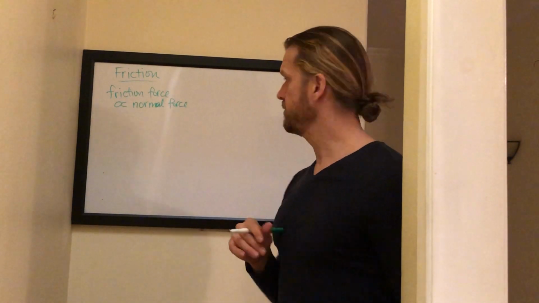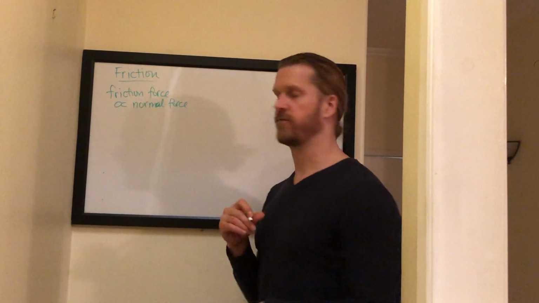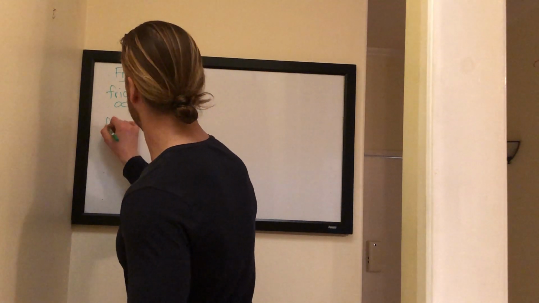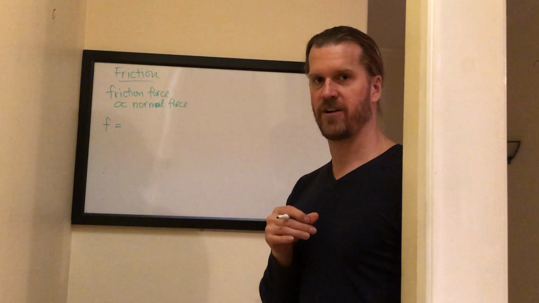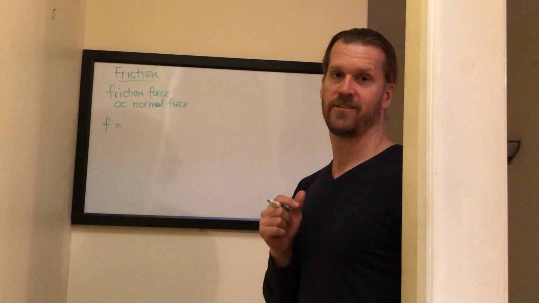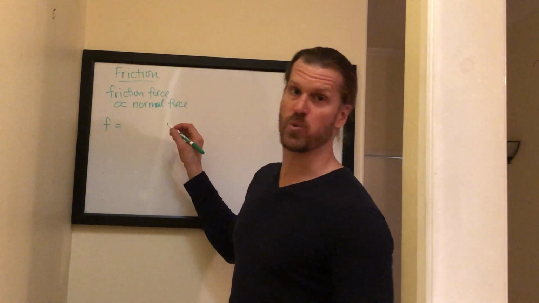Now mathematically, we use the symbol lowercase f for friction. And we write this constant of proportionality with a Greek letter. So we're adding to our Greek vocabulary. That Greek letter is called mu.